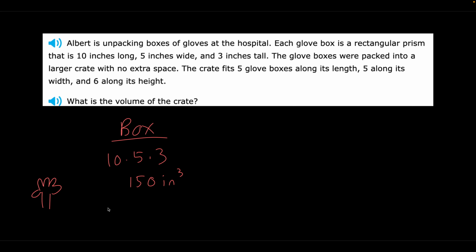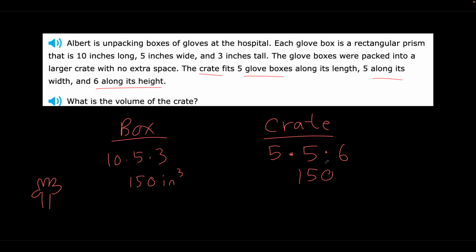And now, it says the crate fits 5 glove boxes along its length, 5 along its width, 6 along its height. So in the crate, how many boxes can we fit? Well, 5 long by 5 wide by 6 high. So this would be 25 times 6 is 150.